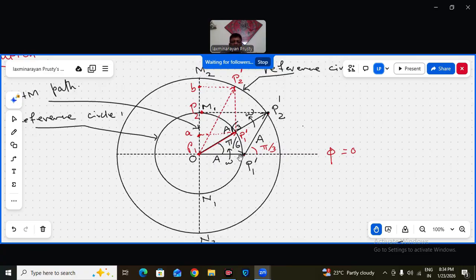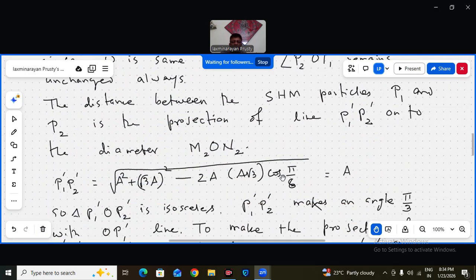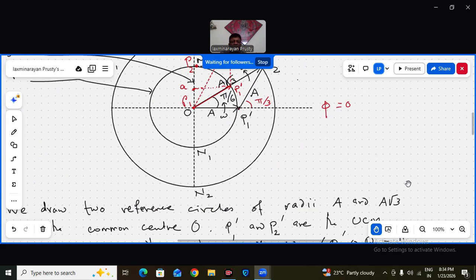Use the cosine law of the triangle: this square plus this square minus 2a root 3 cos pi by 3, whole root over. Yes or no? So that will be a square plus 3a square minus 3a square. So that is a square root over a. So this length is a.